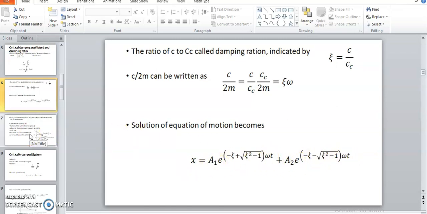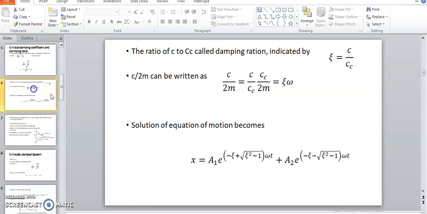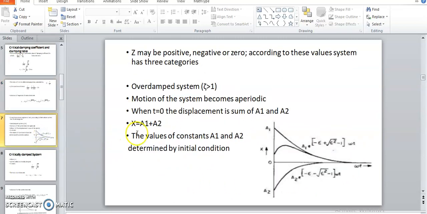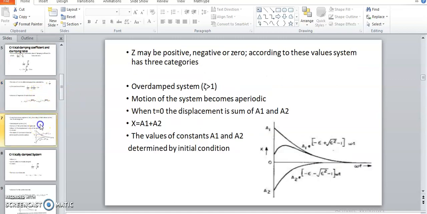Again we differentiate with respect to t to get the x dot value, apply the boundary condition, and we can get a1 and a2. Then we put this a1 and a2 back here and get the displacement solution. So this is the over-damped case solution, where u1 and u2 are real and unequal.